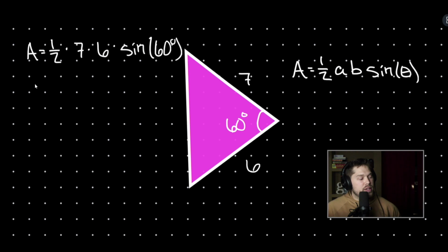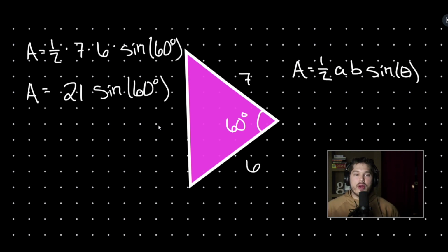All right, so our area is going to be equal to, well, 1/2 times 6 is 3, and 3 times 7 is 21. So our area will equal 21 times the sine of 60 degrees.